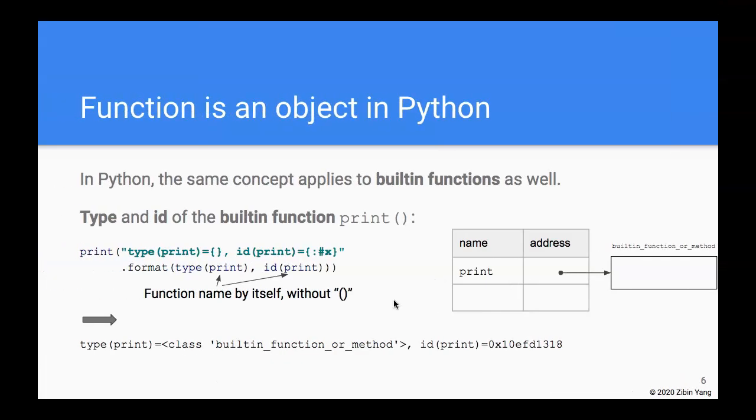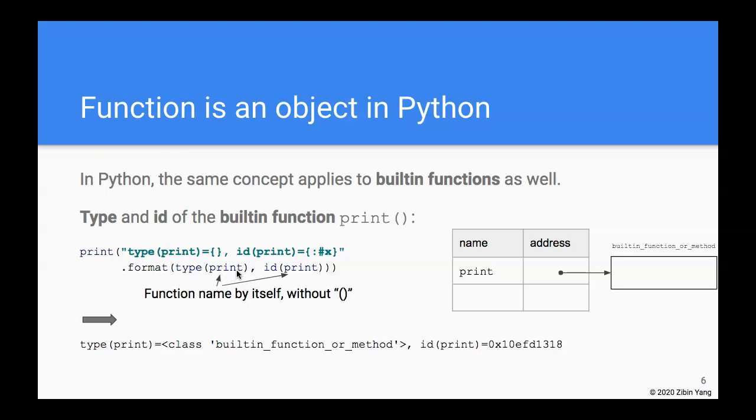So in that regard, it's really kind of the same as an int, or an instance of a user-defined type. One thing I want to point out here is that when we see a function, we usually call it, and that is with parentheses after the name of the function. Here we are referring to the function itself. We are not calling the function, and therefore you see the word print without the parentheses.